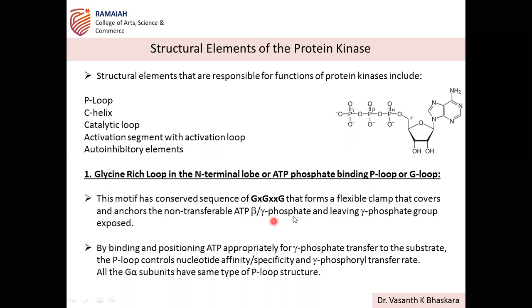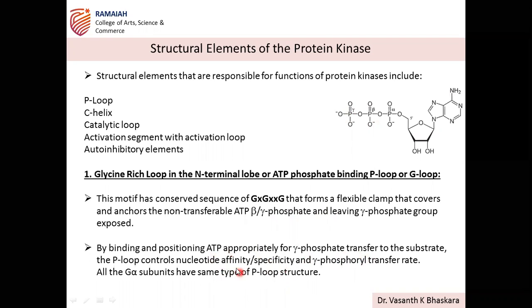This is mainly done because of the binding of ATP in the small subunit, that's called the P loop. By binding and positioning ATP appropriately for gamma phosphate transfer to the substrate, the P loop controls nucleotide affinity, specificity, and gamma phosphoryl transfer.